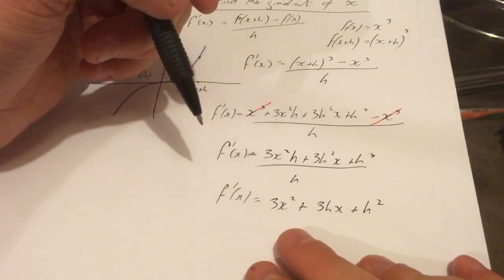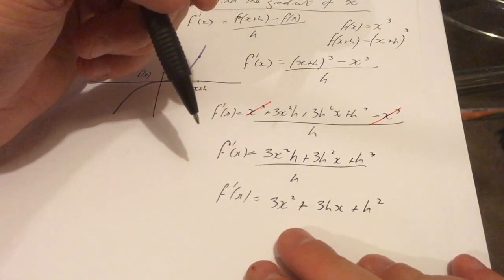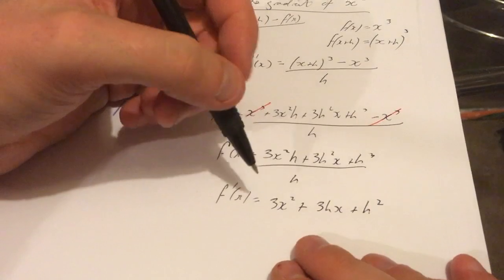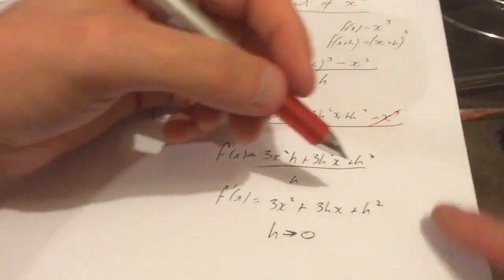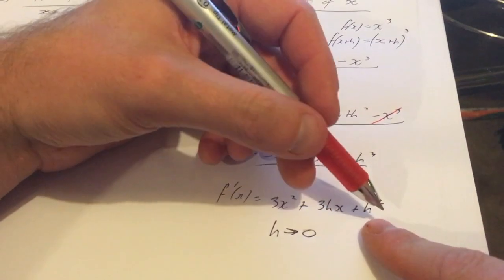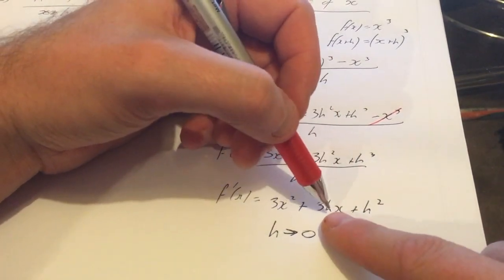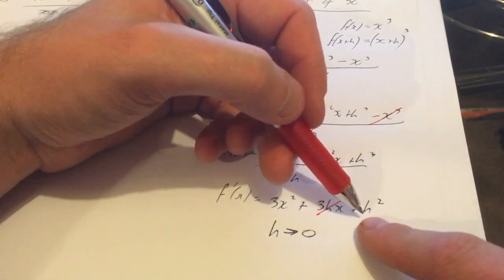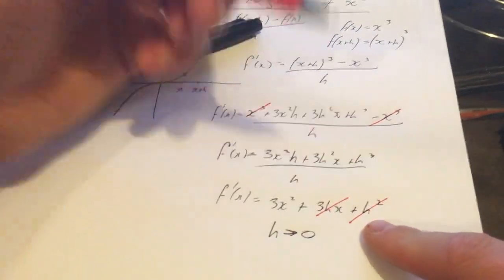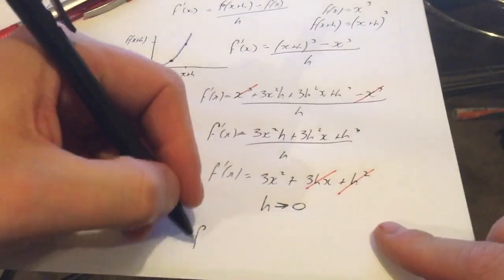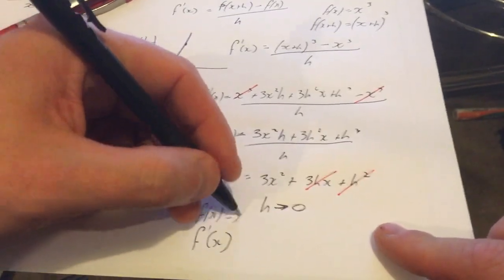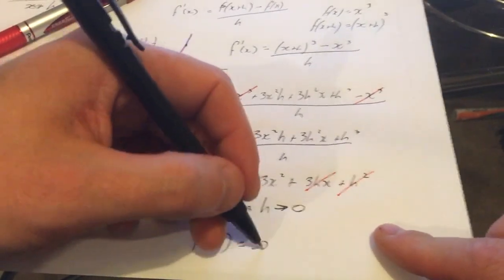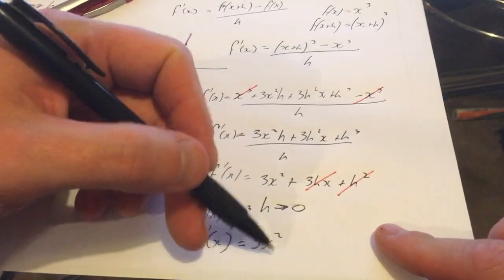Now, as h tends to 0, it's going to mean that this term and this term both go to 0. Because if h is 0, 3 times 0 is 0, and h squared is also 0. So our gradient function of x cubed is going to be 3x squared, as we can see here.